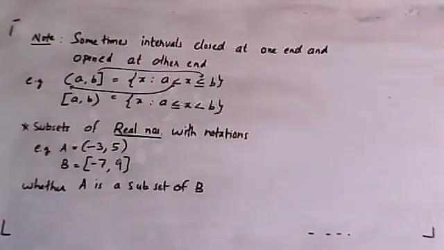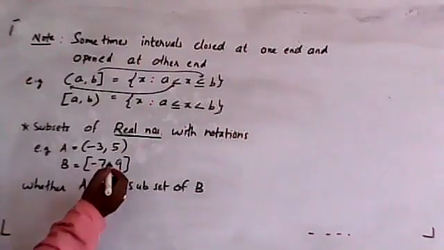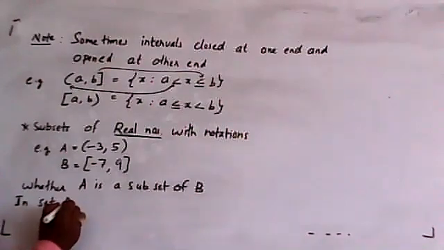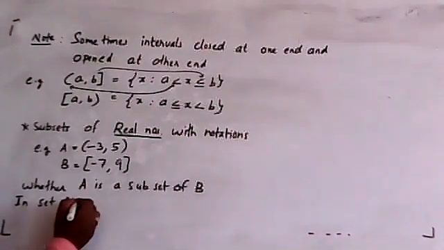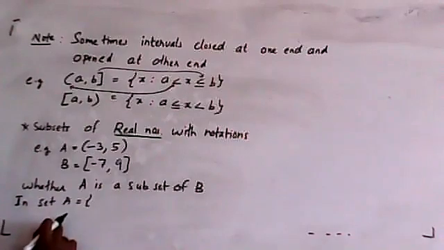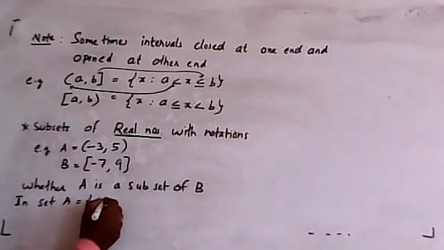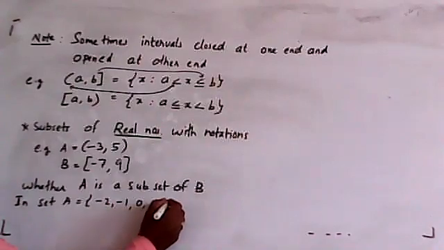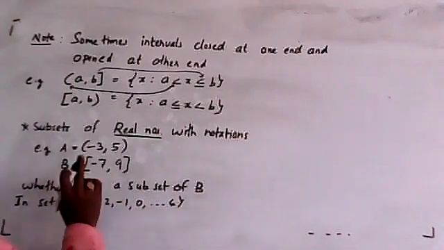Why? Because if you take here in set A, minus 3 is not included, but you can take minus 2, minus 1, 0, and so on up to 4. You're not counting 5.